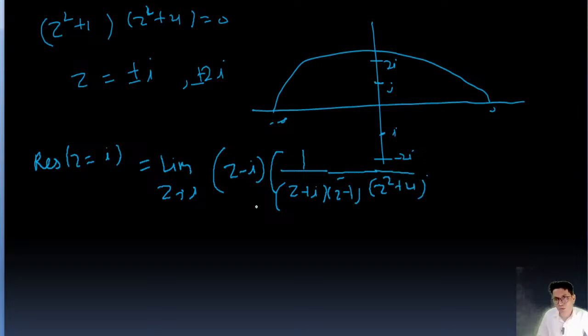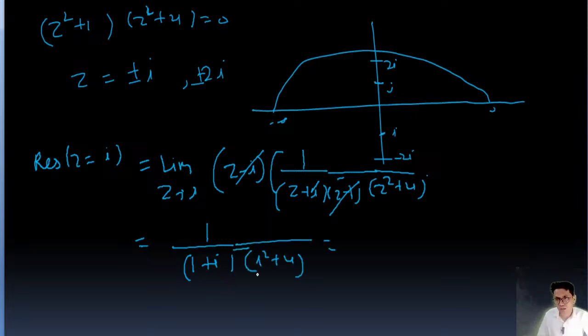So z minus iota will get cancelled, we'll put the value. So this is going to be 1 upon z plus iota, meaning iota plus iota, into iota square plus 4. Iota square is minus 1, 3, and iota plus iota is 2 iota, 6, so 1 upon 6 iota.